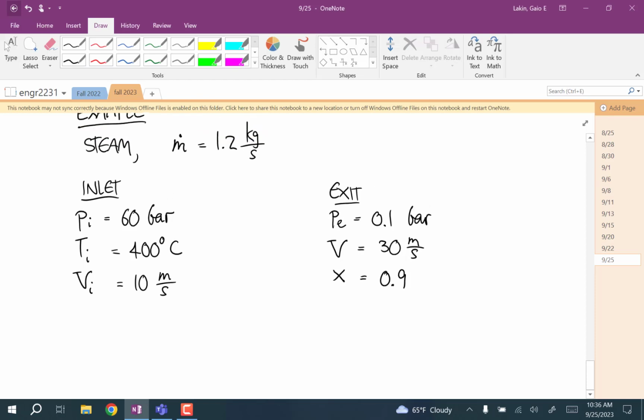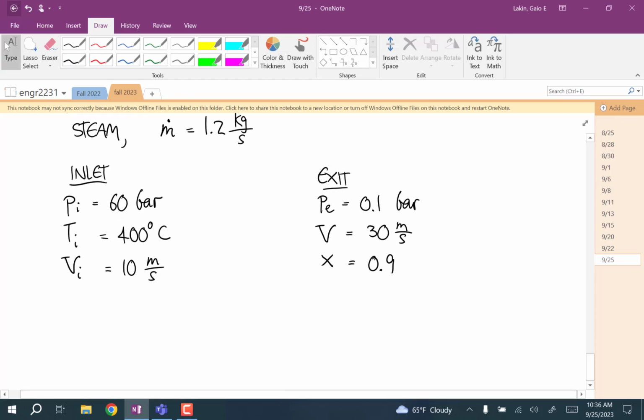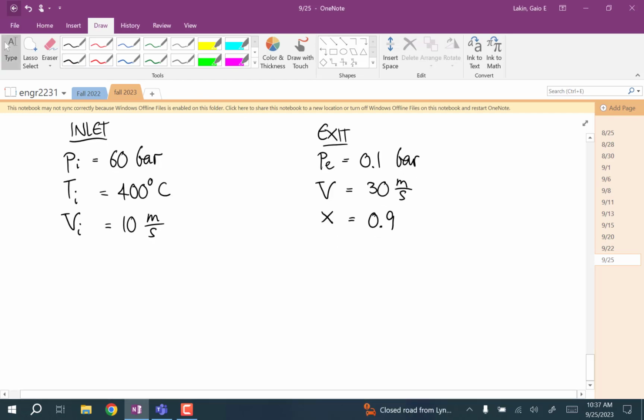That's enough for us to look up values in the table. Okay, so you're thinking table for this. And then in the second case, well, we're only given a pressure at the exit, but since we're given a quality, we know it's saturated. So we know we can use a table for this too. We have everything we need to look up anything we want in the table. And enthalpy's in there, so that's good. That's what we would want to look up.